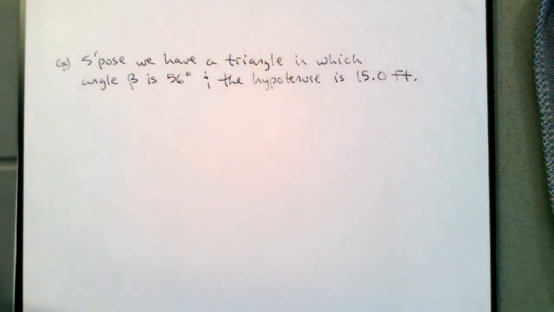So here are the three pieces of information you've been given. Angle beta is 56 degrees. The hypotenuse is 15 feet.